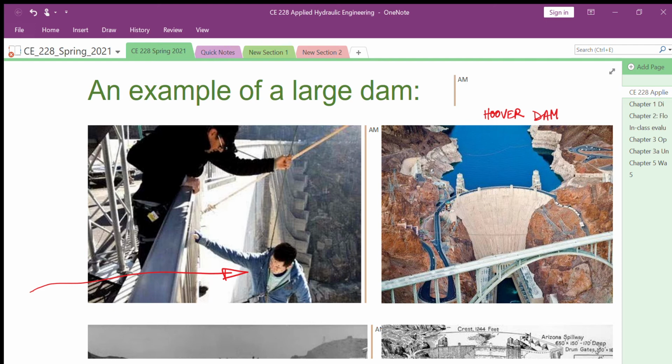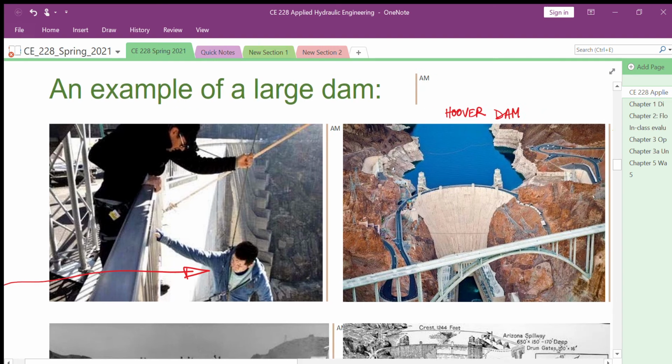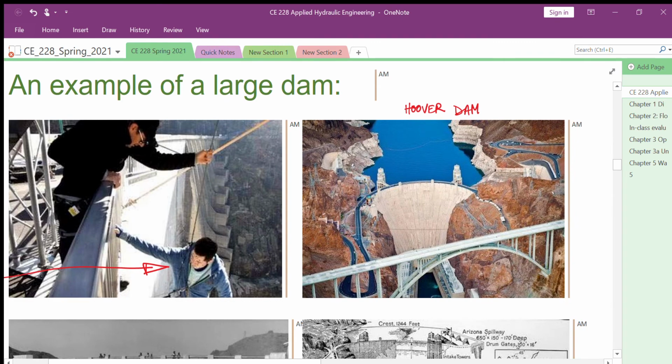So here is Amir Khan shooting at the Hoover Dam for Dhoom 3. And not just this one, you may have seen the Hoover Dam in several other movies and series. It's quite prevalent in popular culture.